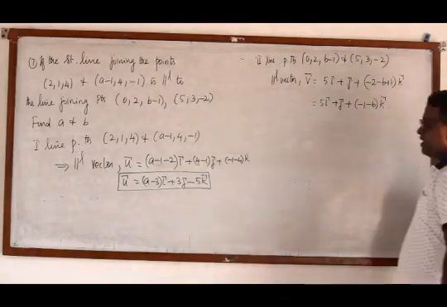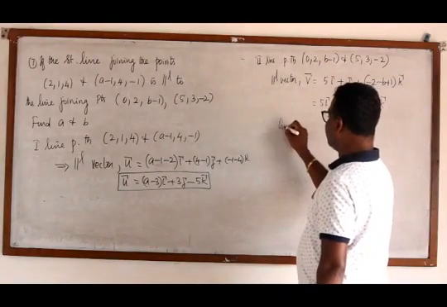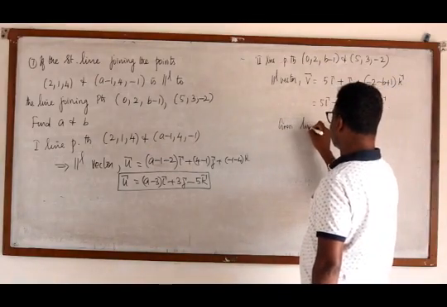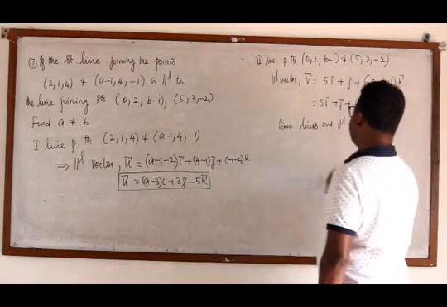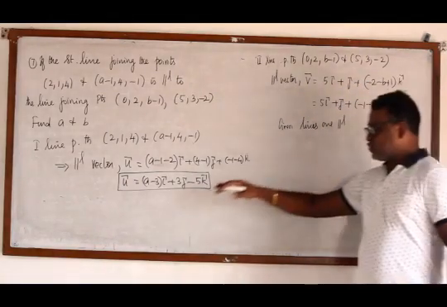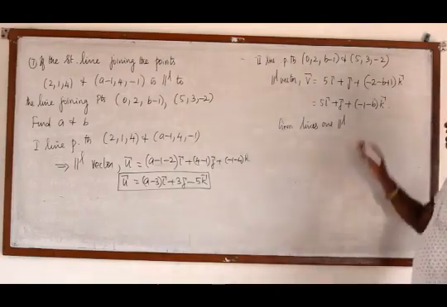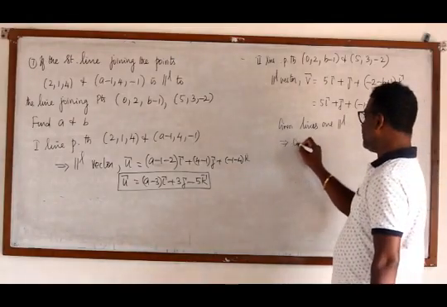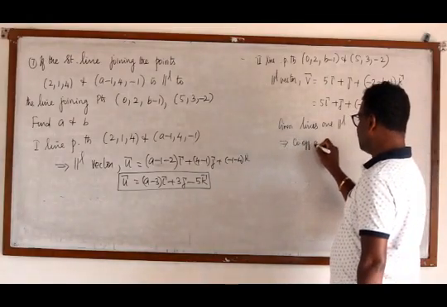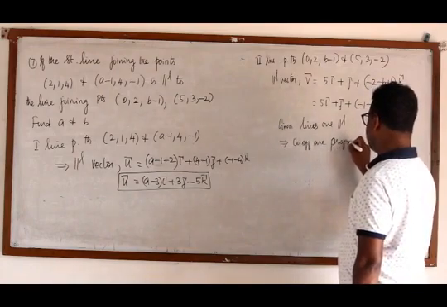Now, given these 2 vectors are parallel, the given lines are parallel. That means one vector is a scalar multiple of another vector, but I am having 2 unknowns. In that case, I can say coefficients are proportional.